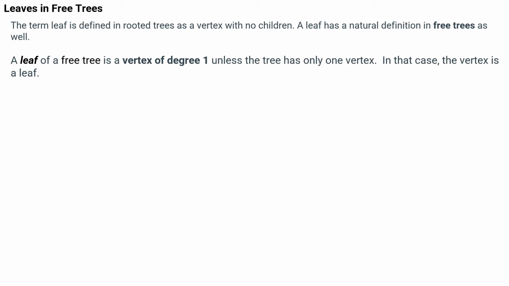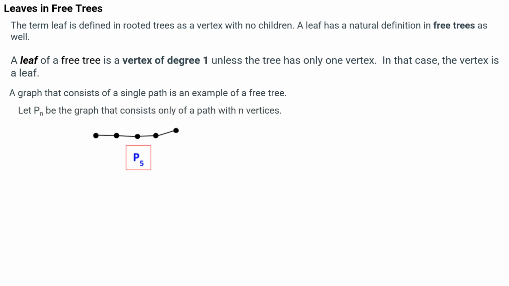So in that special case where the tree only has one vertex, it would be a leaf even though it doesn't have degree 1. But if it's anything more than just one dot, then it has more than one vertex, and we define any vertex of degree 1 to be a leaf.